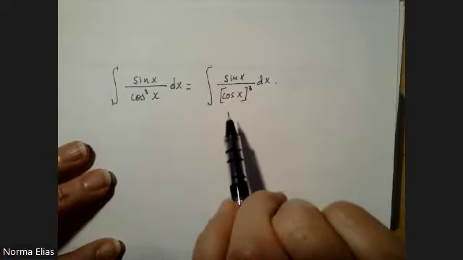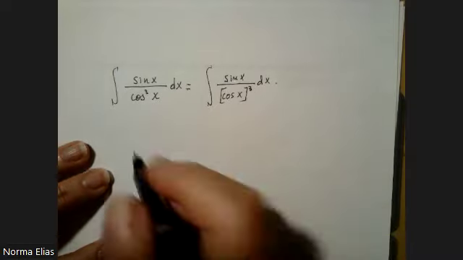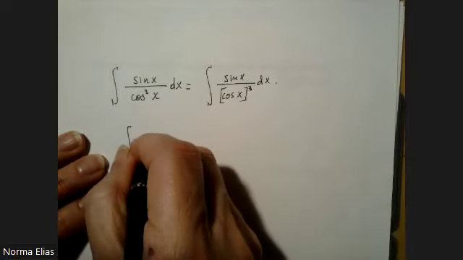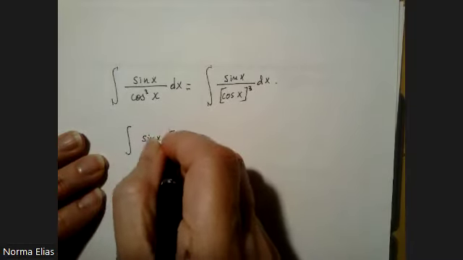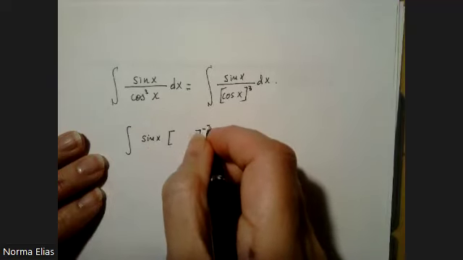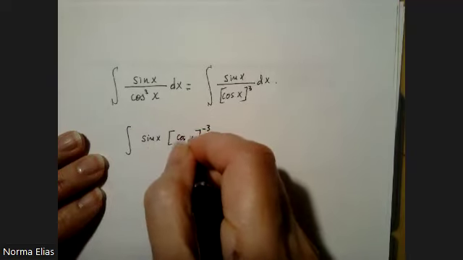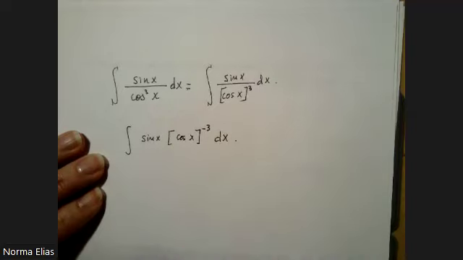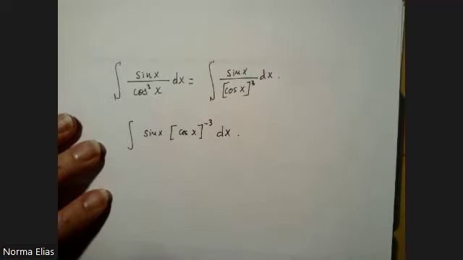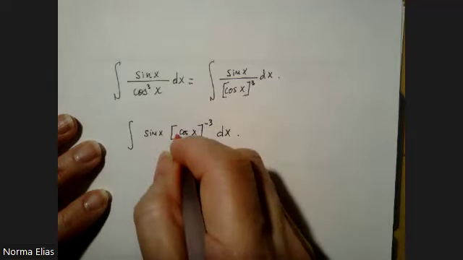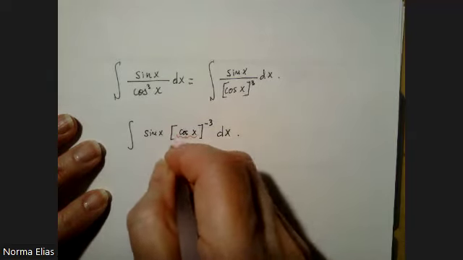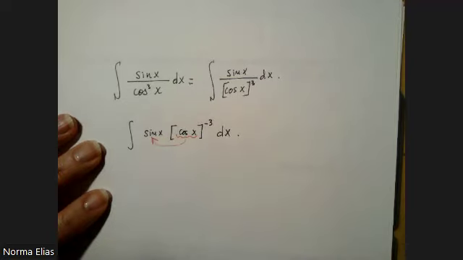So if I look at this integral, what connection do I see? We can rewrite it as sine x times cosine x to the power minus 3. I'm rewriting it to start to see that I have an inside function, and outside it is its derivative.